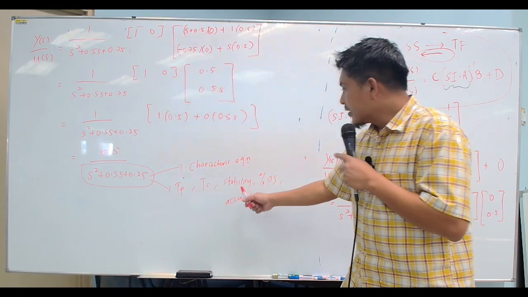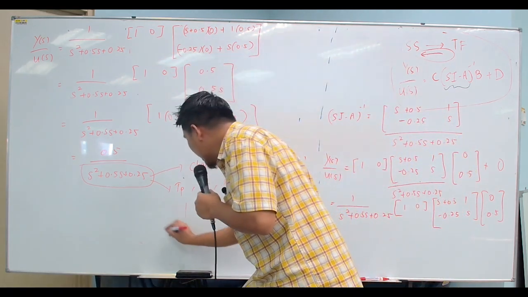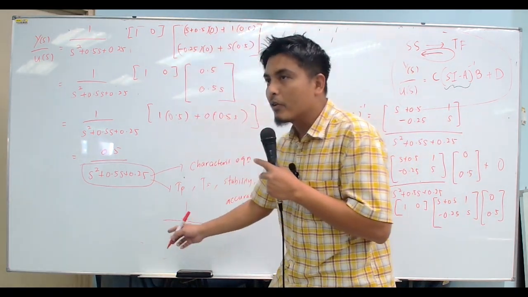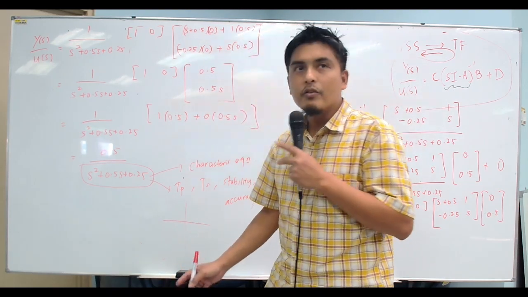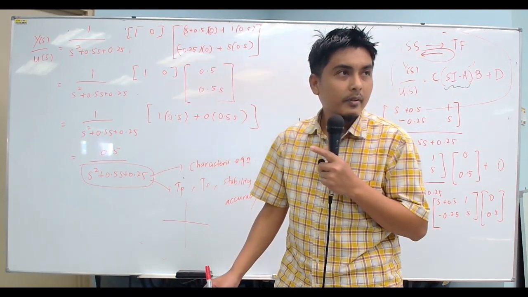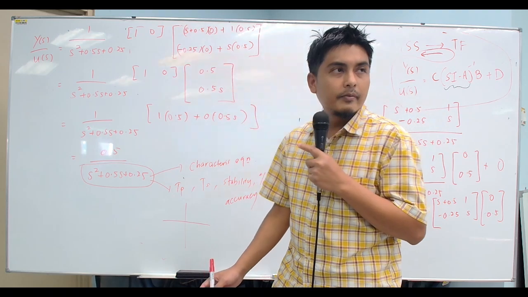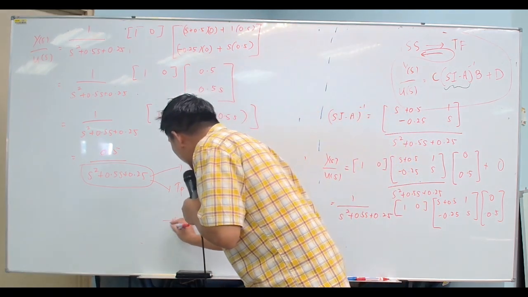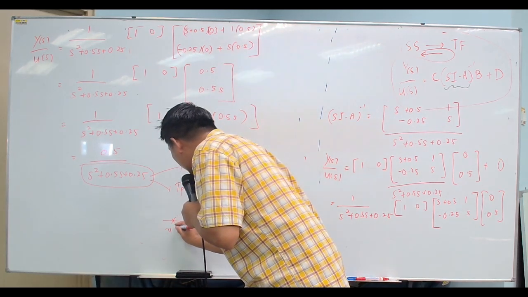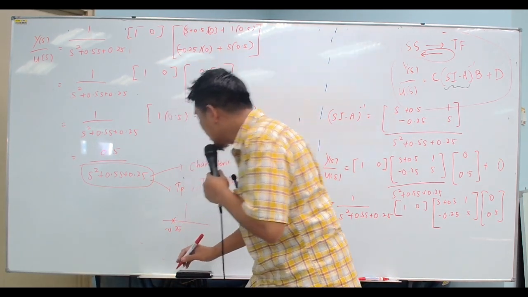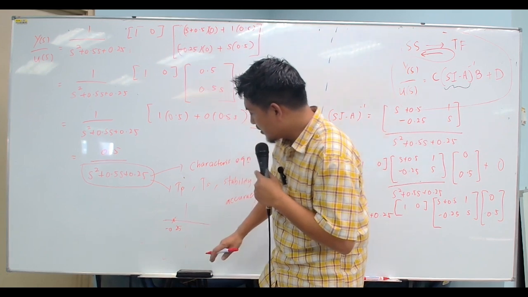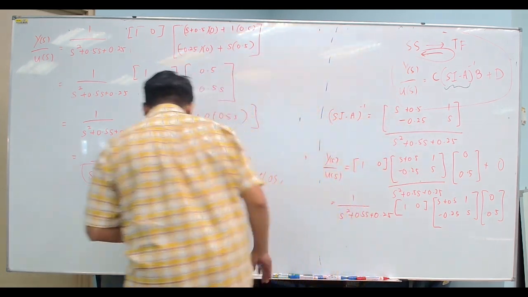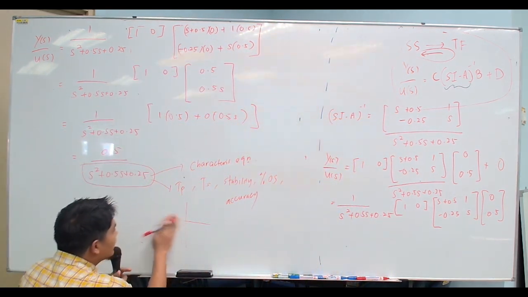So for stability, the poles must be located on the left hand side. What is the pole location? Using your calculator, what is the value? Negative 0.25 plus minus, so the location is here.